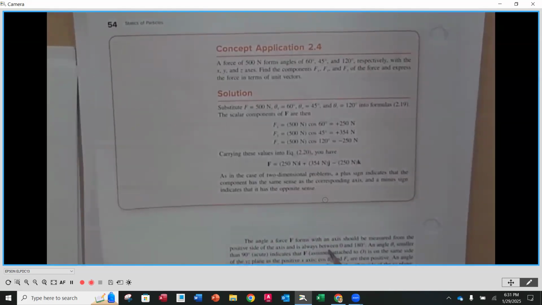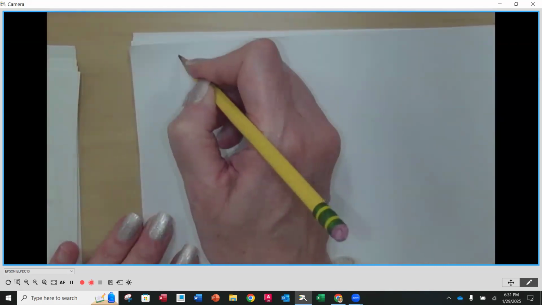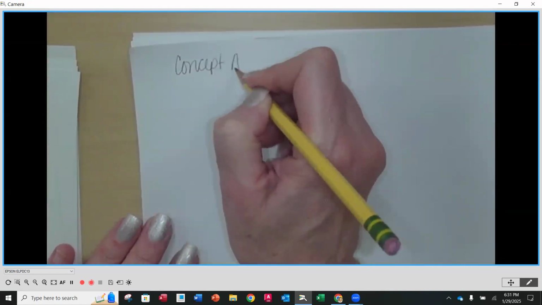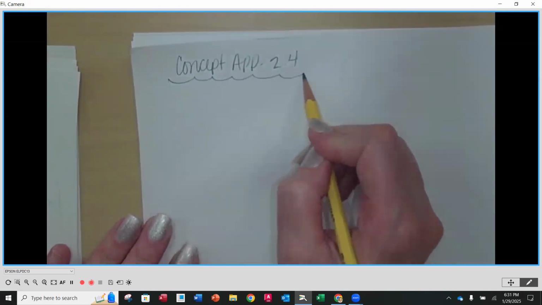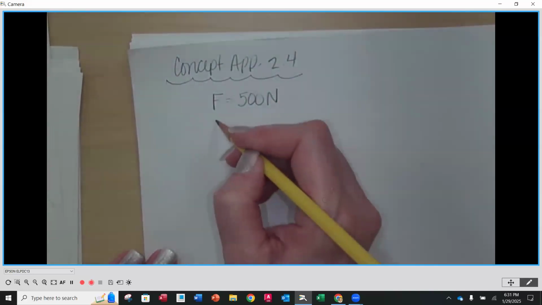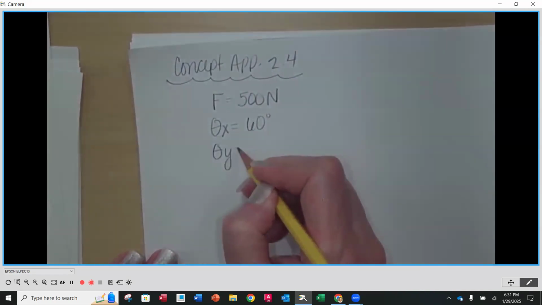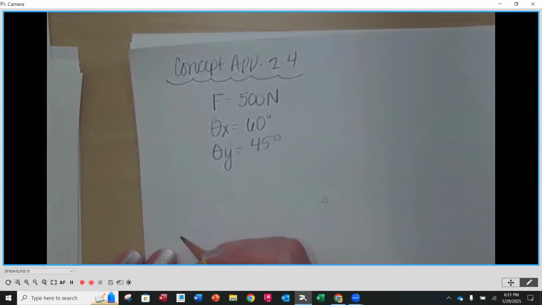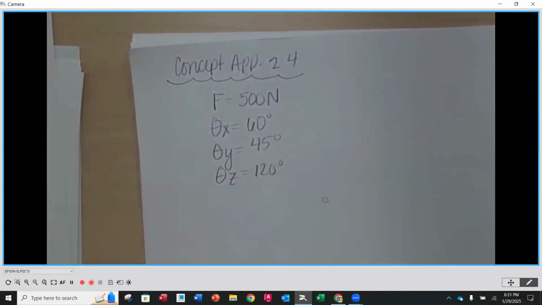So what we're going to do is follow along. This is concept application 2.4, and our F is going to be 500 newtons. We've got theta X equal to 60 degrees, theta Y 45 degrees, and theta Z 120 degrees.